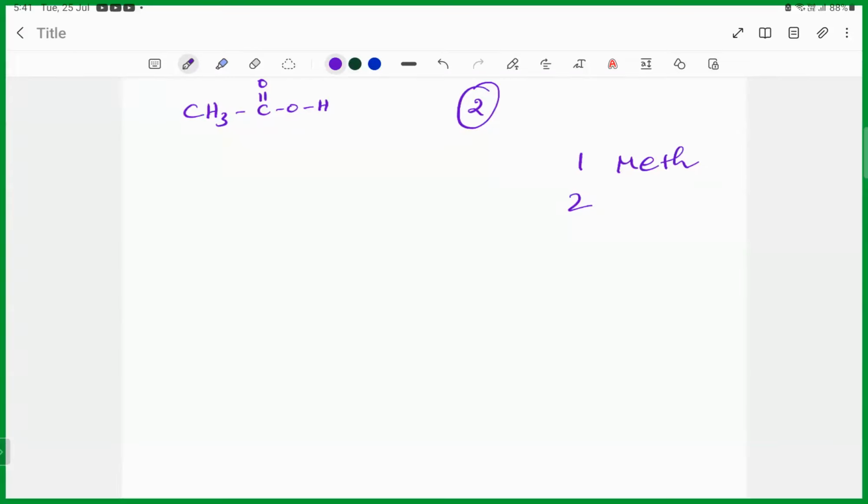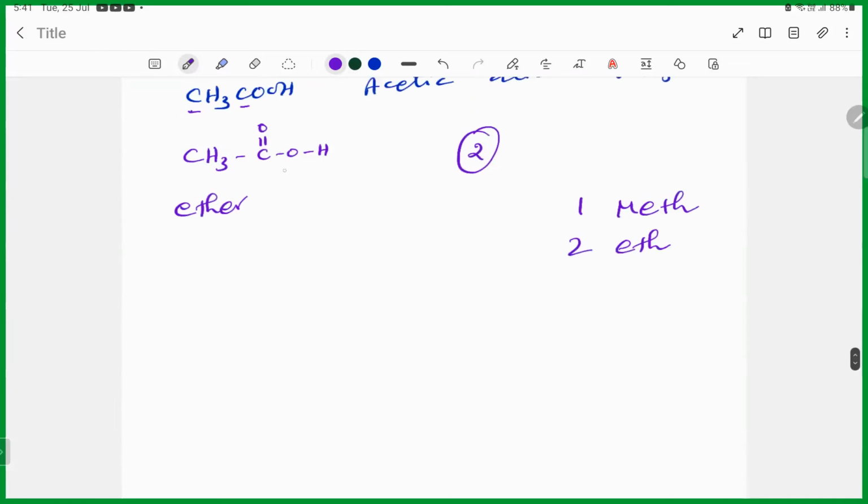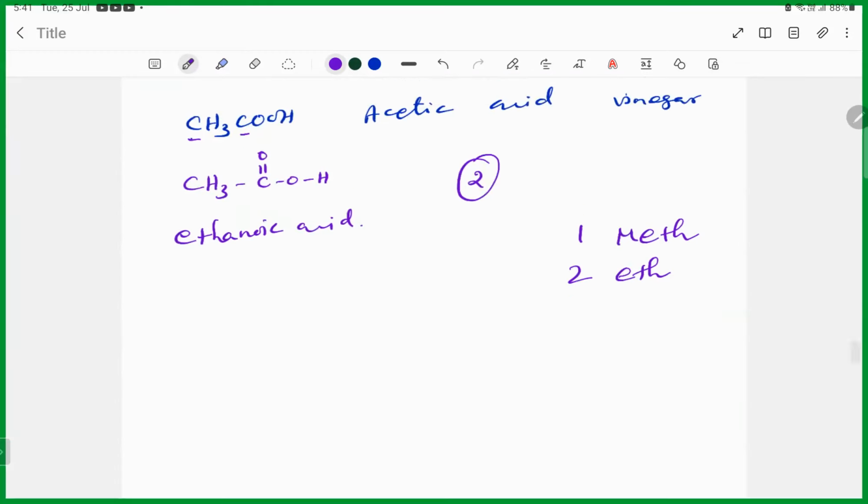Sir, eth. Very good, eth. So eth is the root word. Here, with carboxylic acid, ethanoic acid is the IUPAC name.